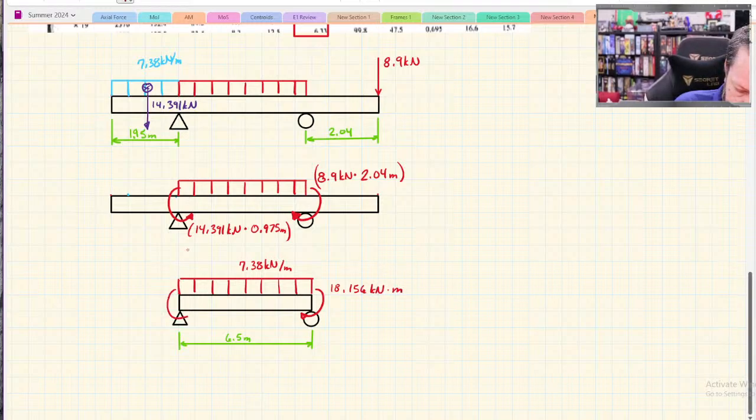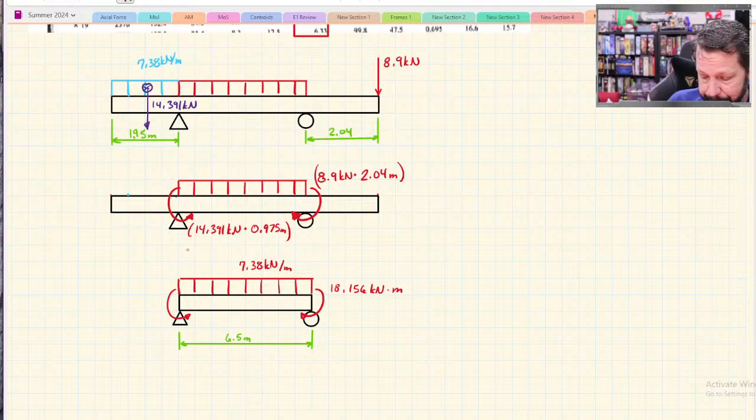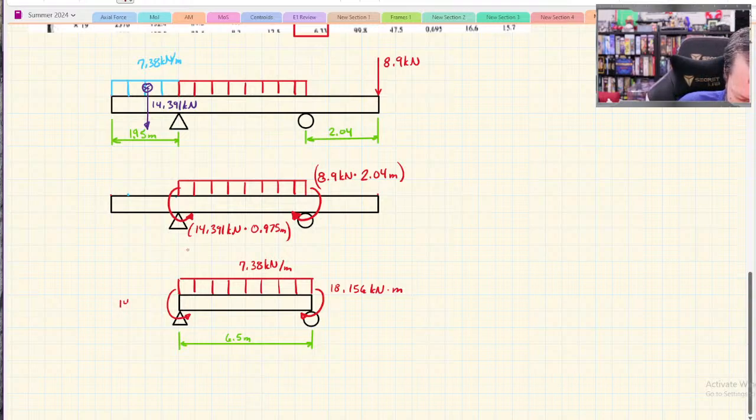And I've got one over here, 14.391 times 0.975, 14.03. I did one more decimal, so 14.03 kilonewton meters.